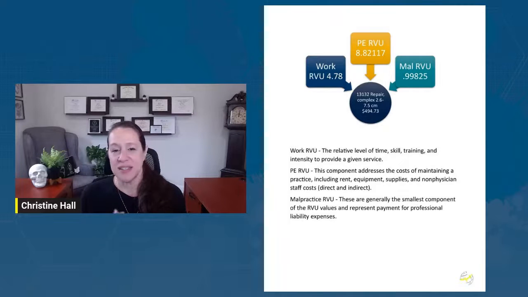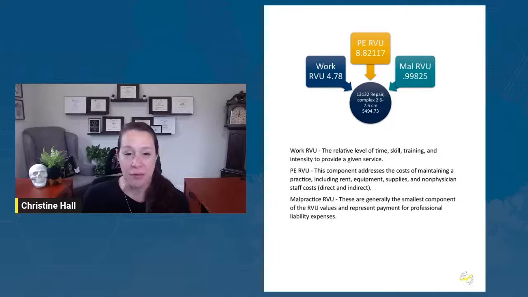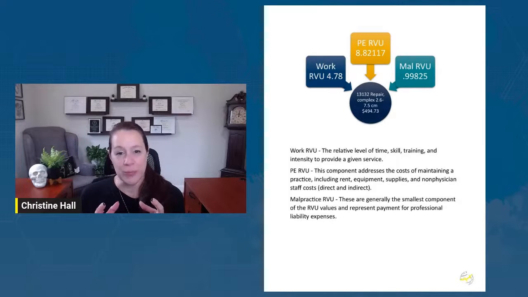Work is the time, the skill, the training, the intensity to provide the service. So when we look here, the work RVU 4.78 for that complex repair reflects that our providers needed to have that skill, that training. It accounts for the amount of time that it takes to do that repair. All of that is included in that work RVU.